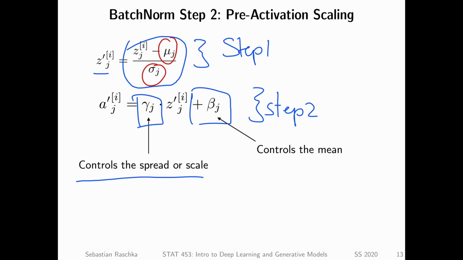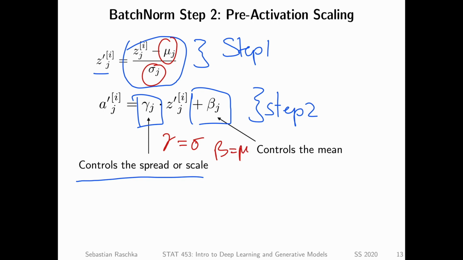And this appears to be exactly what the second step does. What could happen is, for example, that gamma has exactly the same value as sigma, or standard deviation, and that beta has the same value as our mu, or sample mean.